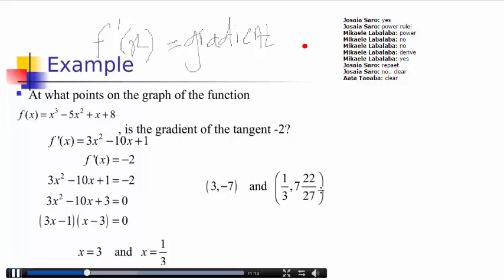Now, how are we going to find it? That's another question, right? So, what are you going to do?